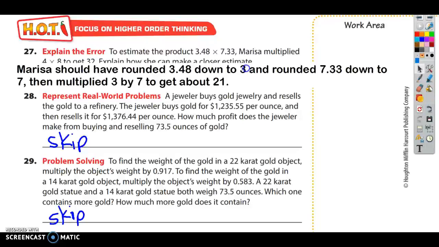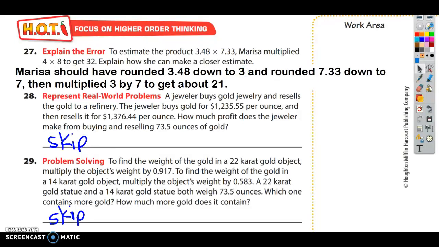So that's what I wrote. That's what I got for number 27, and that's a good answer.